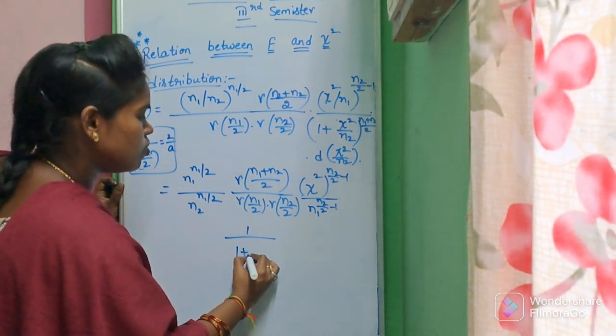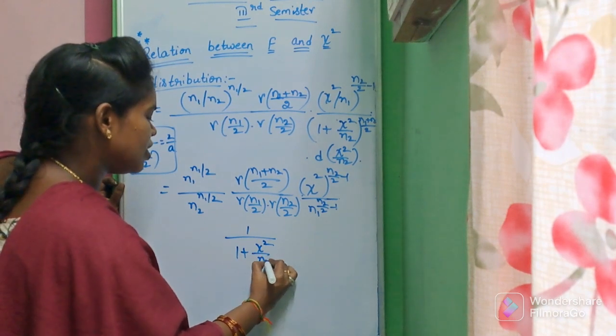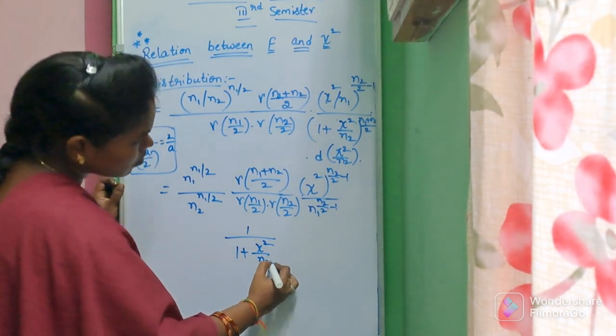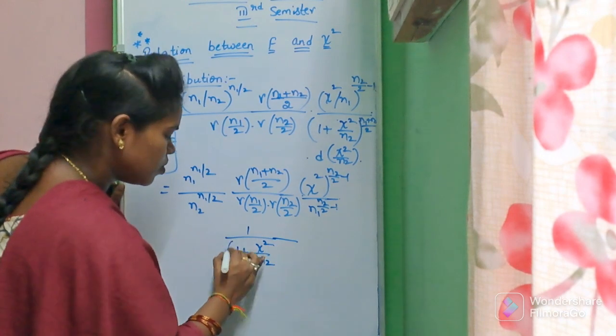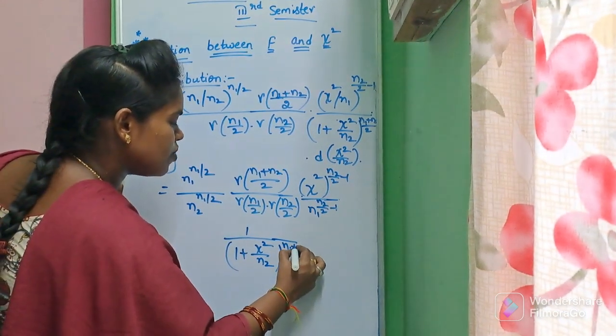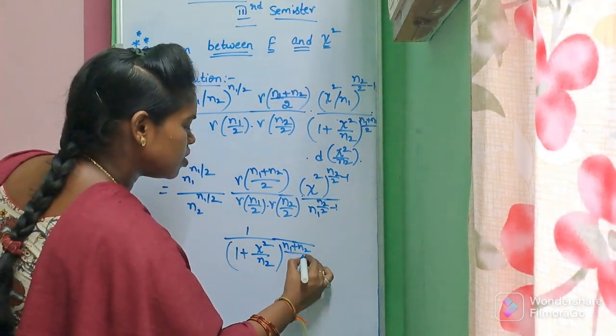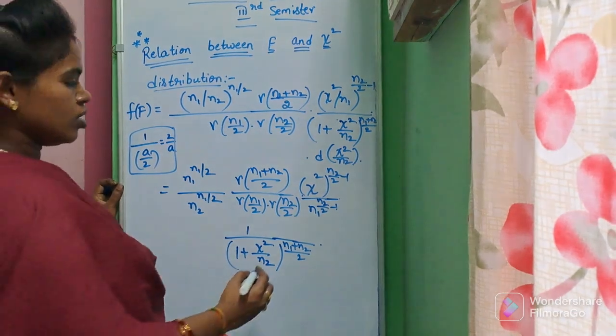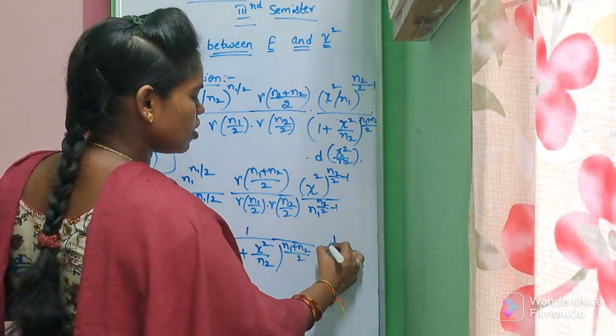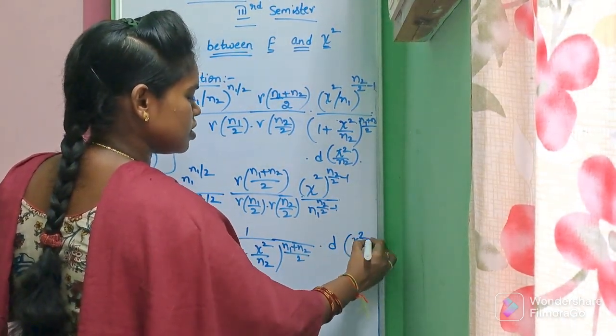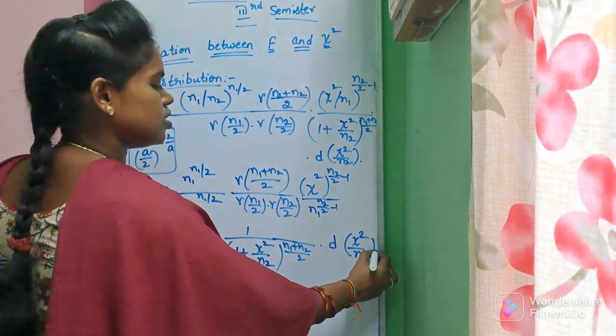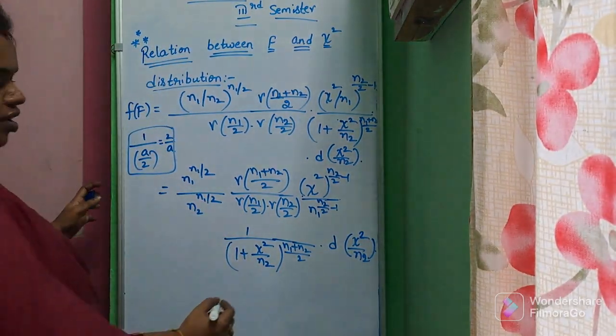One by 1 plus chi square by n2 whole power n1 plus n2 by 2 into d of chi square by n2. This is our first equation.